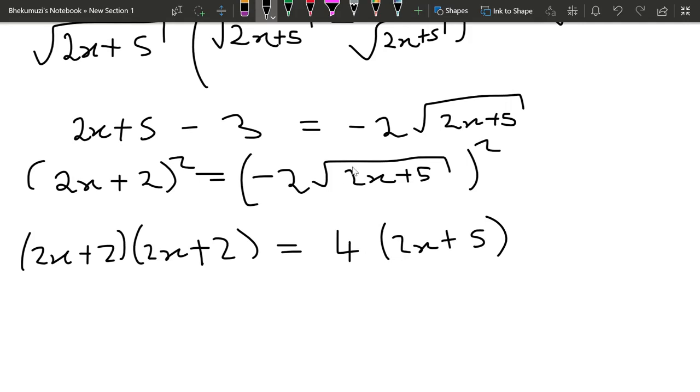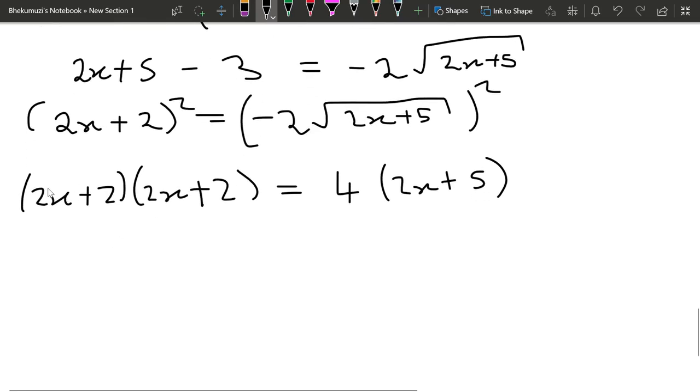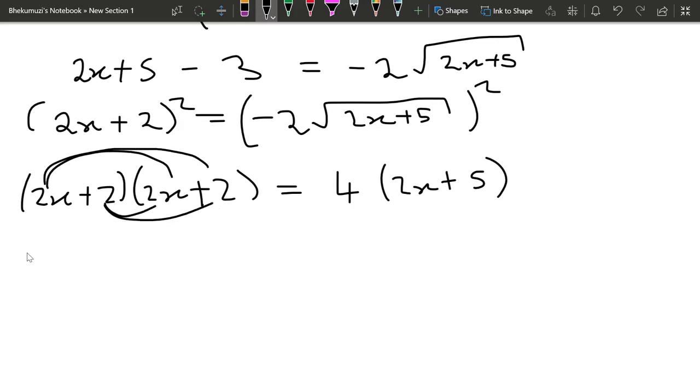We've gotten rid of the square root, and then -2 becomes 4. And so from here, the only thing we need to do is multiply that to there, that to there, that to there. So that would be 4x squared. This would be 4x plus 4x, that is 8x, right? And plus 4.